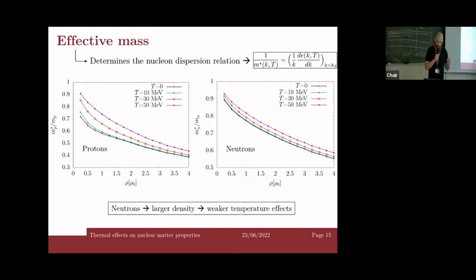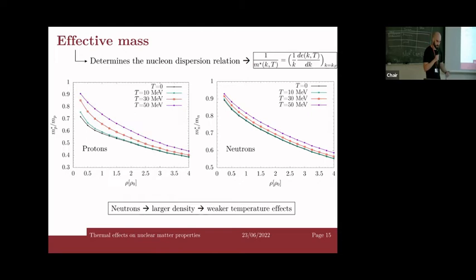But the main point is that the interaction part of the thermodynamics of the system is contained within the single particle energies. The effective masses are just a way to rewrite this contribution in a slightly different form that could be more interesting for phase-space calculations, for example if you want to talk about neutrino reaction rates and other properties. And the effective masses as well depend on temperature.